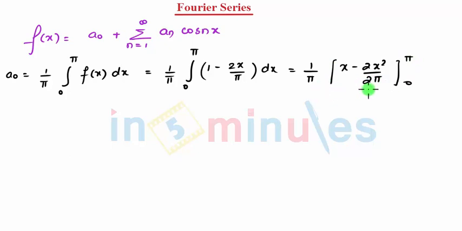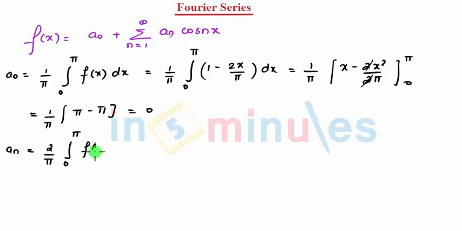Finally this is nothing but 1/pi, where 2 and 2 get cancelled. When you put pi here, pi minus pi squared by pi gives me pi minus pi, which finally comes to be 0.